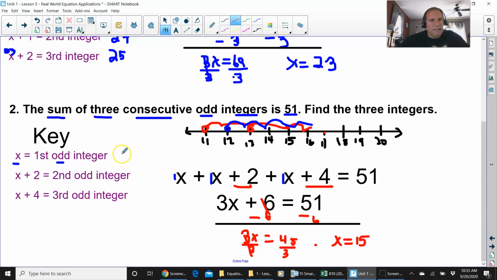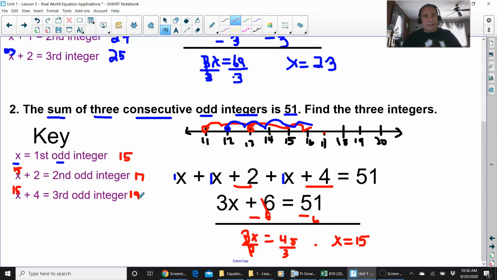So we have 15 as the first odd integer. Yes, it's good because that's an odd integer. That's the first odd integer. The next odd integer, when you substitute this 15 in for this x, 15 plus 2 is 17. That works out. And then we substitute 15 in because x is still 15 plus 4. 15 plus 4 is 19.